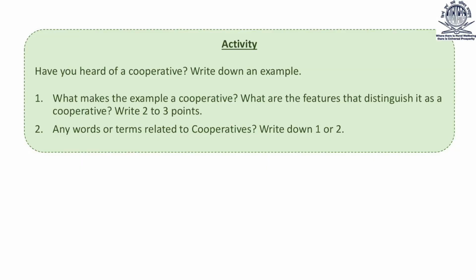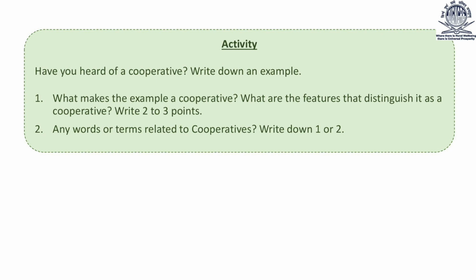Before I begin the lesson, I would like to give you an activity. Have you heard of a cooperative before? Are there any examples that you know of or can think of? Write down the names of these examples, 1 or 2 examples that come to your mind. Now, first, use the example to think of what makes it a cooperative.